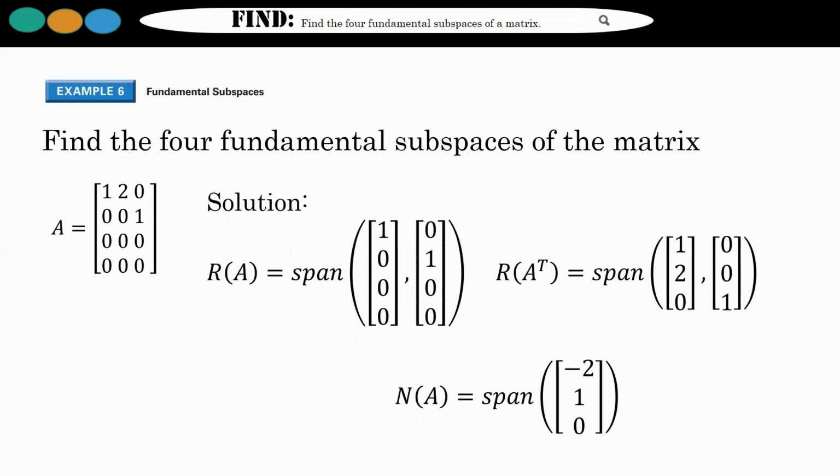So here we only get the value for the first and third column. So for the row space, or the column space of transpose A, it is equal to 1, 2, 0, and 0, 0, 1.